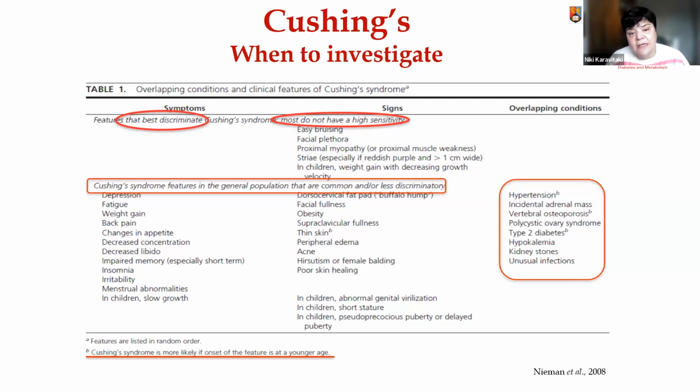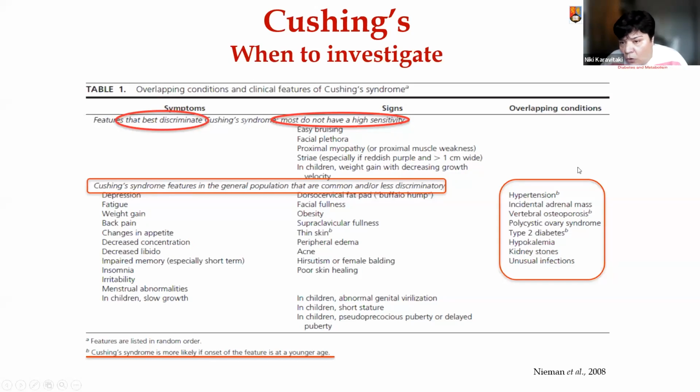This could be easy bruising, facial plethora, proximal myopathy, or what we call proximal muscle weakness, and striae, especially if they are reddish purple and wide, more than 1 centimeter. Particularly in children, it could be a child with weight gain and decreasing growth velocity. So these are the best discriminating features. The others shown below are features that are common in the general population or less discriminatory.